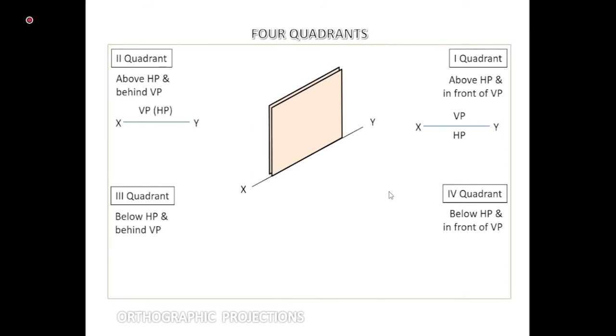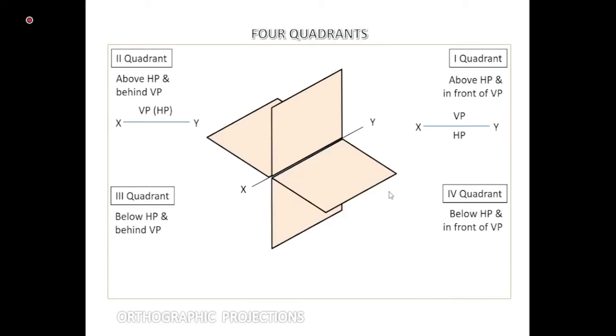In the second quadrant, you have the vertical plane and horizontal plane both above the XY line. Is it clear? Since I have moved the horizontal plane, the horizontal plane is under the parenthesis. The vertical plane did not move. The horizontal plane has come up, so it is under the parenthesis.